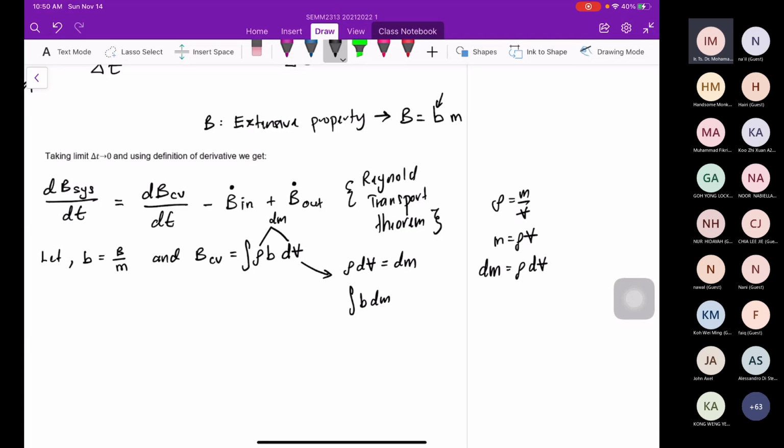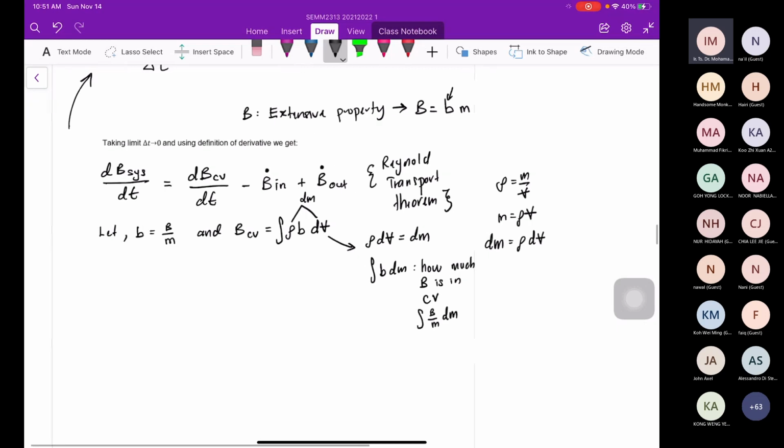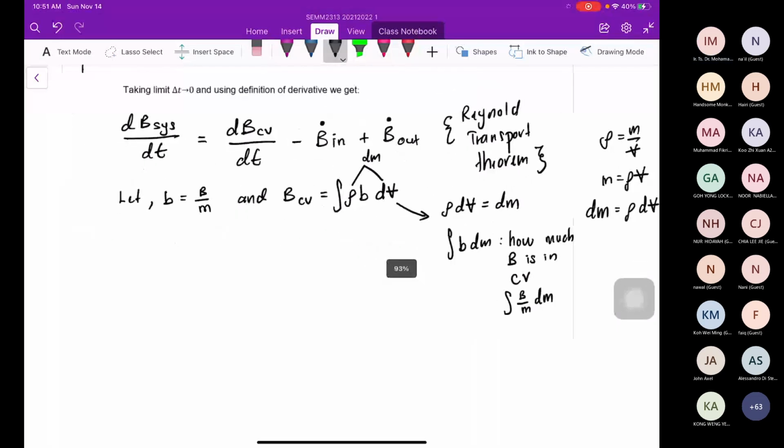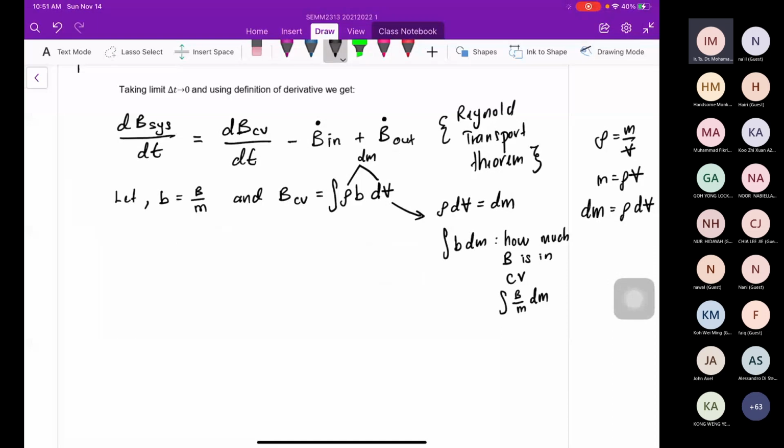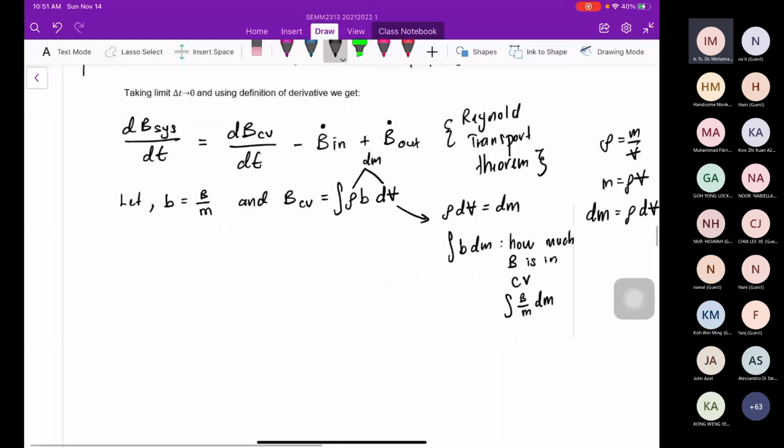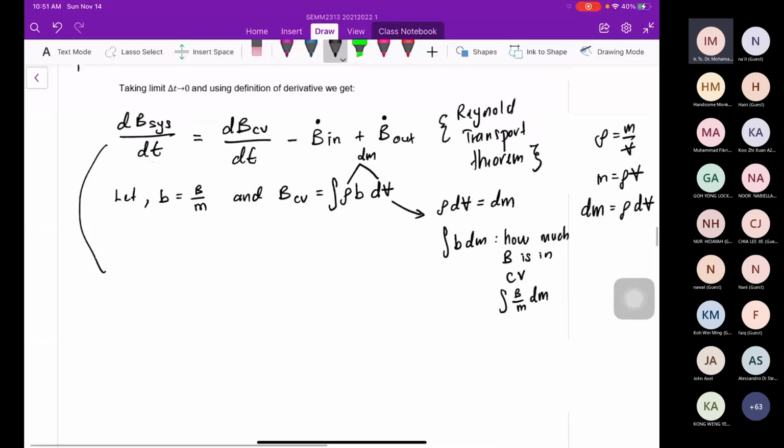Integration of B over m dm, the same thing. Right, this is just explanation. So I want to replace the equation here, from here to here.